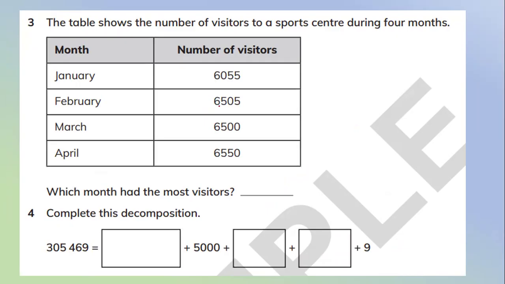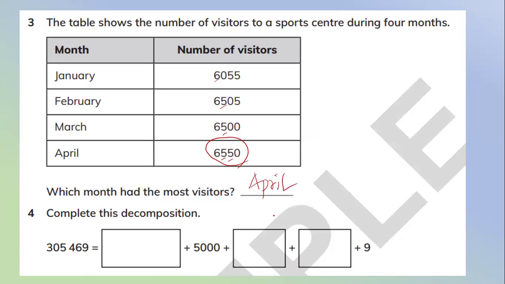Okay, let's check. All months are 6,000. And let's check our hundreds, please. Here are 500, 500, 500. And let's look again at tens, please. This is 50. Others are 0, 50, and this is the largest one. 6,550. Okay. The month with the most visitors is April.